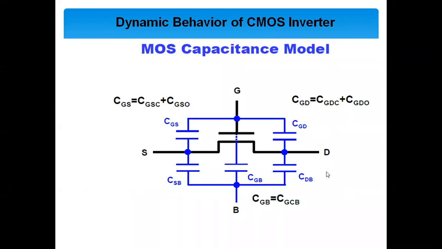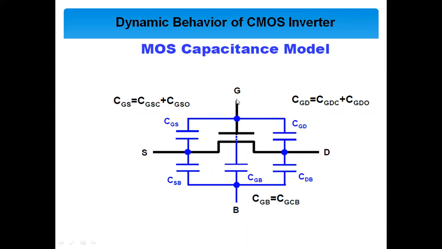You can see on this screen, there are certain parasitic or intrinsic and extrinsic capacitances that lie within the MOS transistor. This is the gate terminal, this is source, this is drain, and this is bulk. The capacitor between the gate and source is known as CGS.